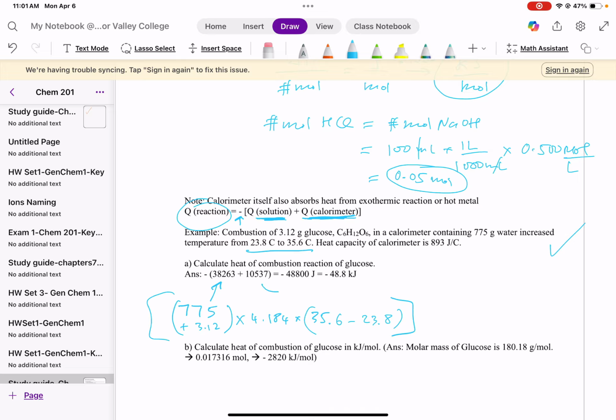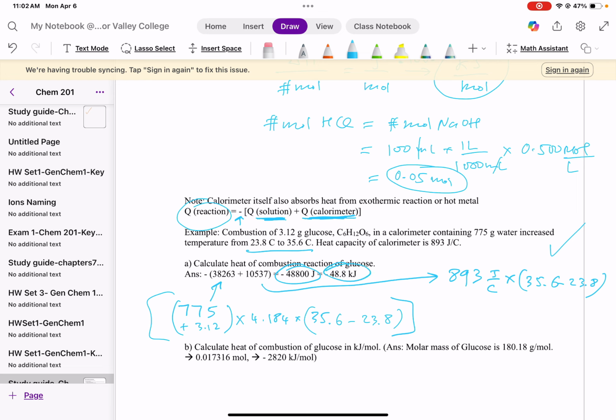The second part should be 893 joule per Celsius times delta T, which is 35.6 minus 23.8. Then when you add them up, convert it to kilojoule.